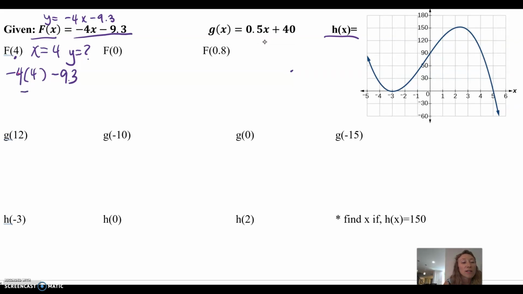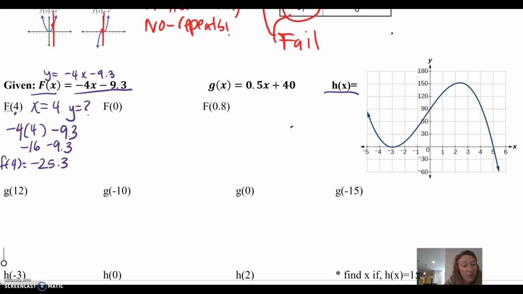Negative 4 times 4 is negative 16, minus 9.3 is negative 25.3. And that is f of 4 equals negative 25.3, and that represents an ordered pair, where x is 4 and y is negative 25.3.